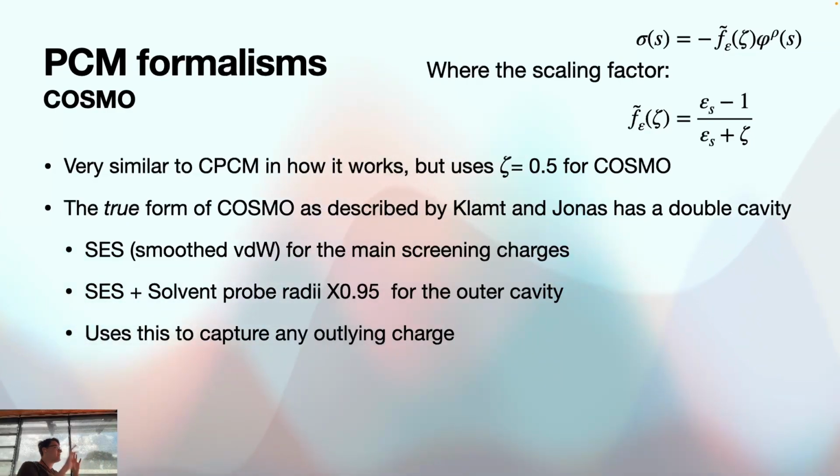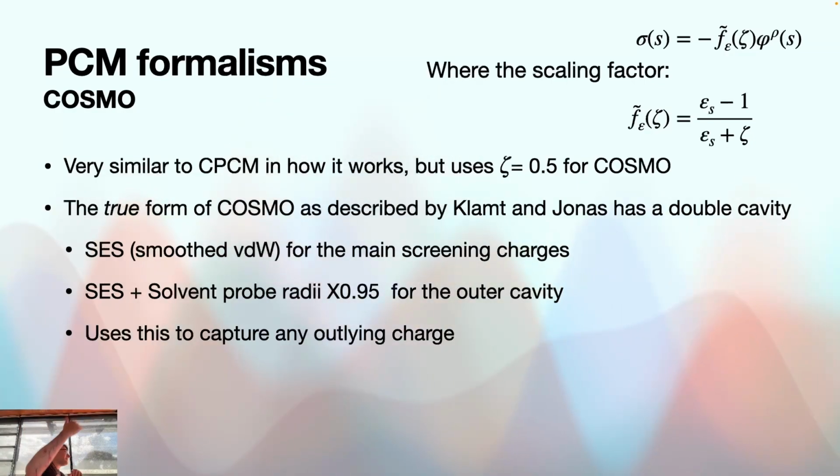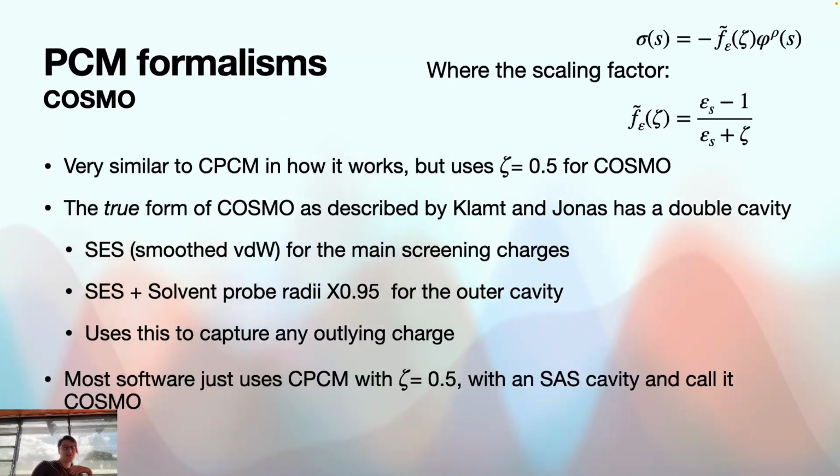So we use the solvent excluded surface, which is the smooth van der Waals, for the main screening charges, and then we have the solvent excluded surface plus the solvent probe radii times 0.95 for the outer cavity. And this is used to capture any outlying charge. But be wary that if you see COSMO in a package, it's probably just CPCM with zeta equals 0.5. Very few packages implement the double cavity.